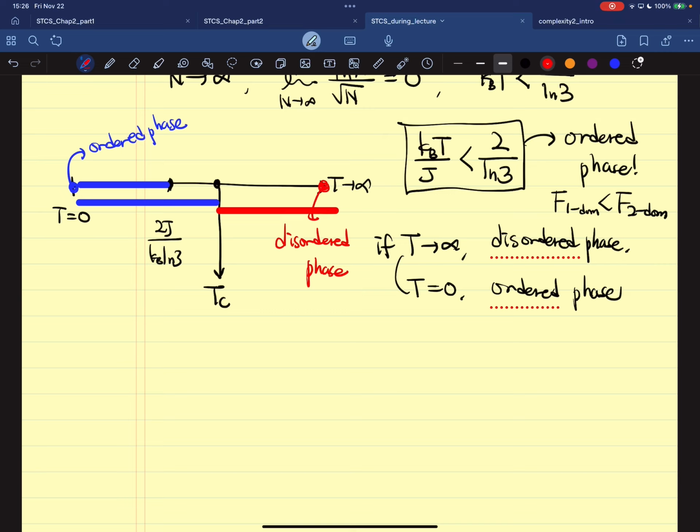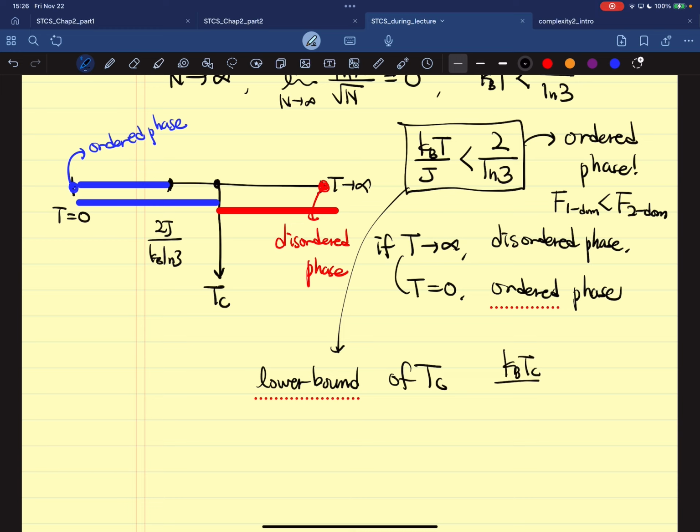So this formula actually sets the lower bound of Tc, which is this Tc should be at least greater than this value, which is 1.820.